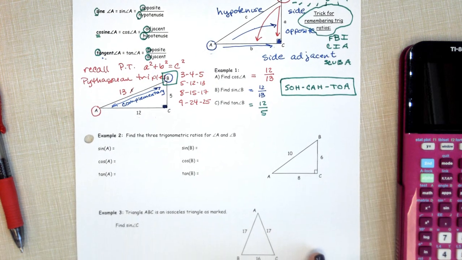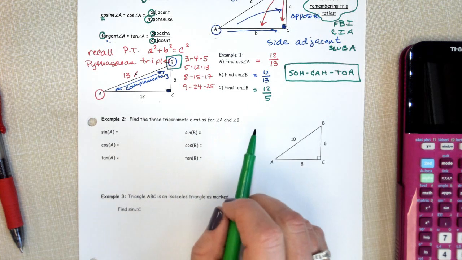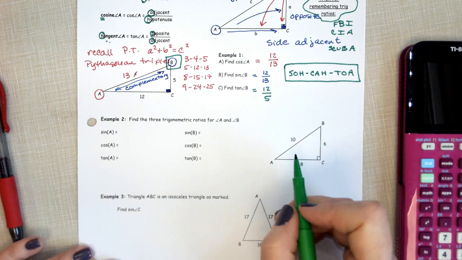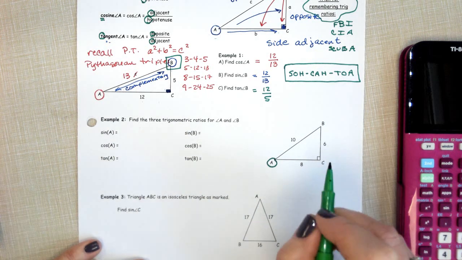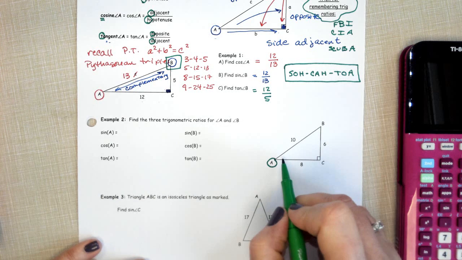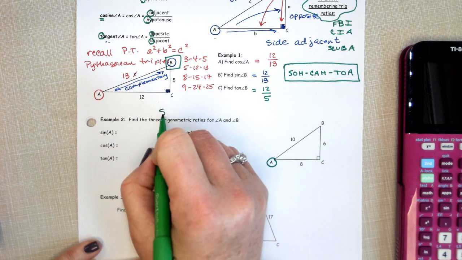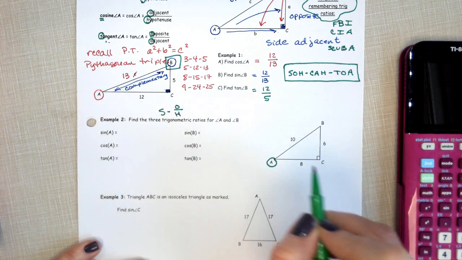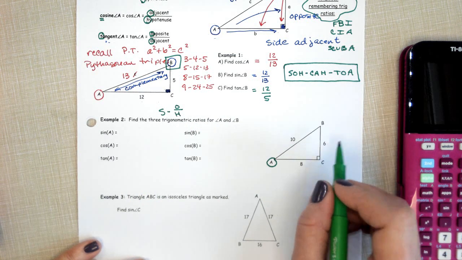All right, so let's do a couple more. Find 3 trigonometric ratios for angle A and angle B. So the sine of A. I typically circle it, it's kind of an old habit. You don't have to circle it, but it helps you realize that when I want the sine of angle A, I'm looking for the opposite over the hypotenuse. So the opposite side, let's reduce this.